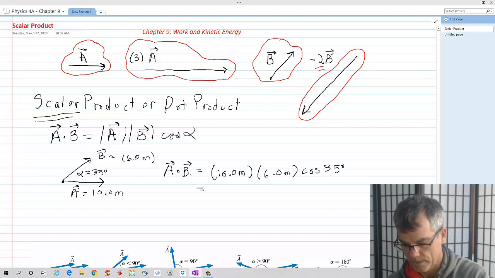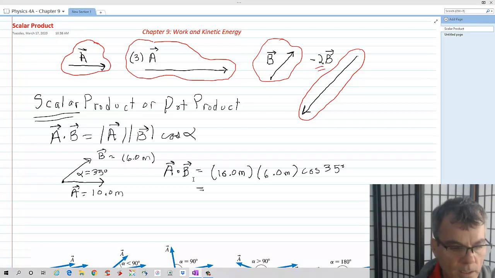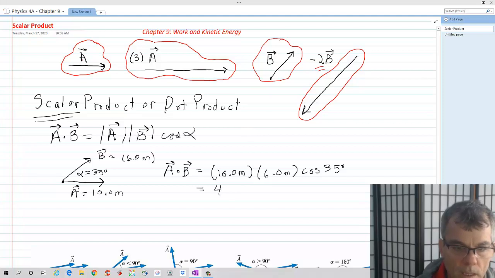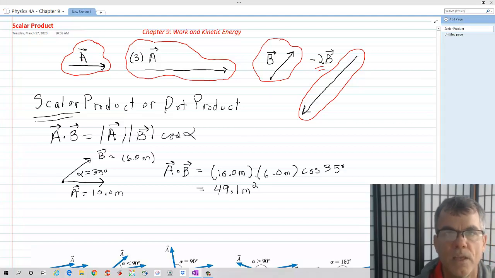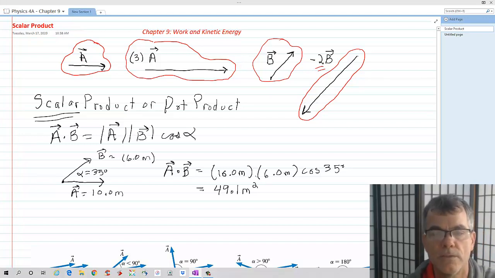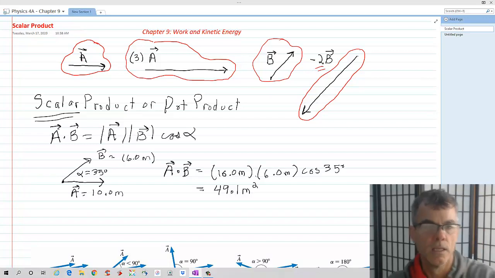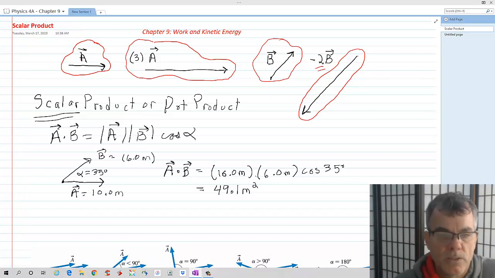We've got 10 times 6 times cosine of 35. What you end up getting is 49.1 meters squared. The units of the dot product is always the product of the two units of each vector. So in this case, it's just two displacement vectors. The units would just be meters squared.